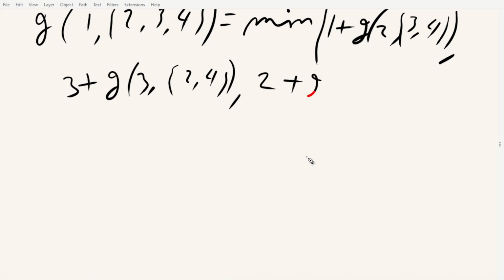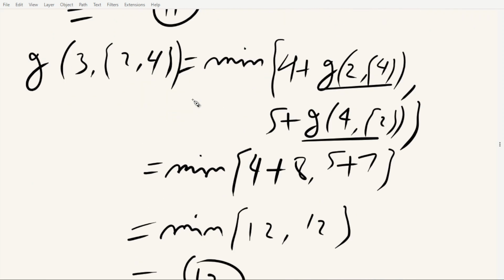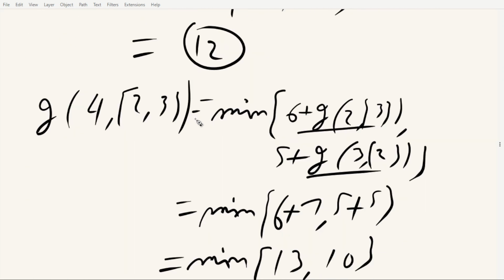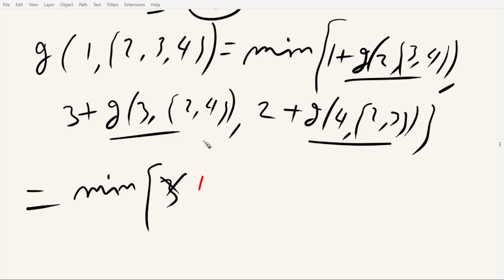So 2 plus, we move to 4, remaining elements are 2, 3. Now we put the previous values. G234, G234 value is 11. 1 plus 11, 3 plus G324.